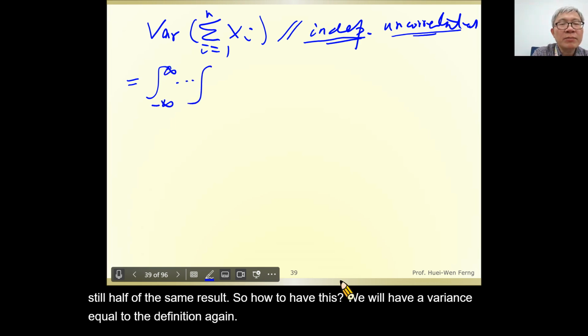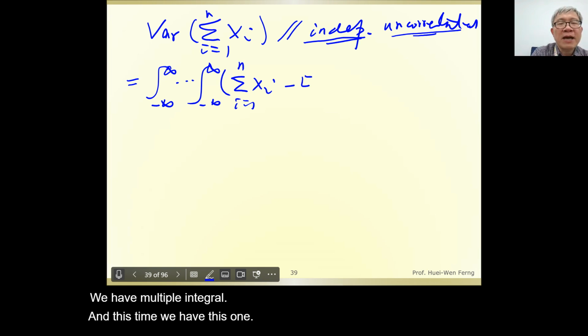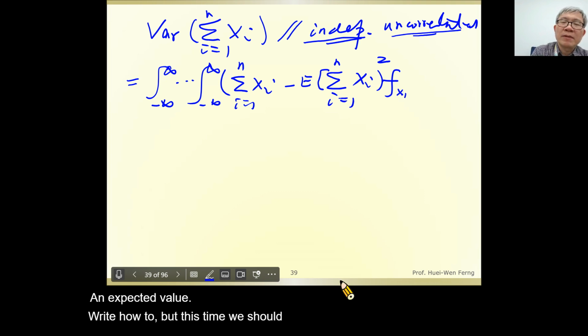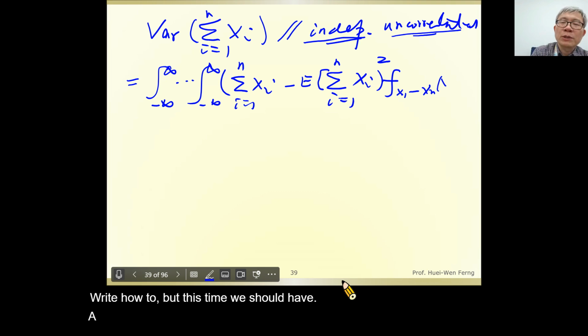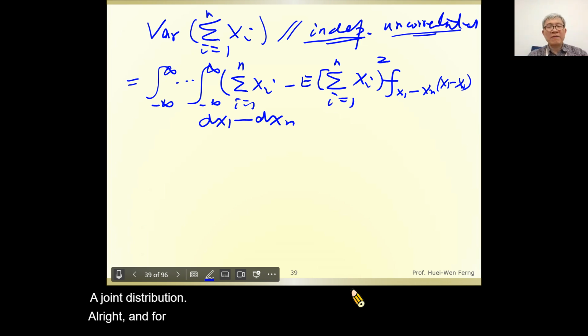We have a multiple integral, and this time we have the sum minus the expected value, raised to the power of 2, but this time we should have a joint distribution. And for this, we can use the property first.